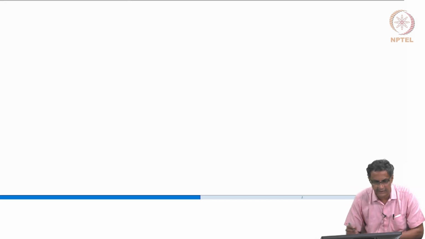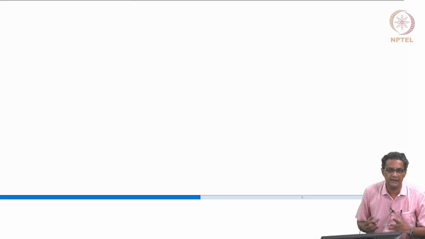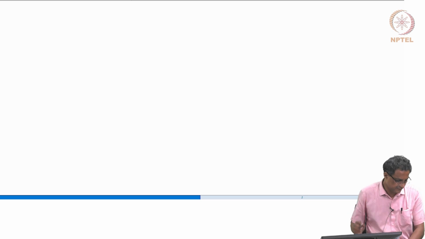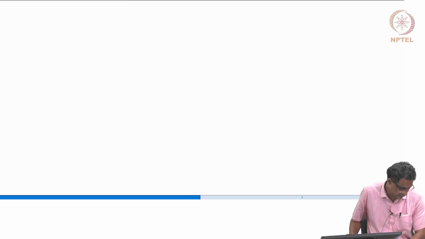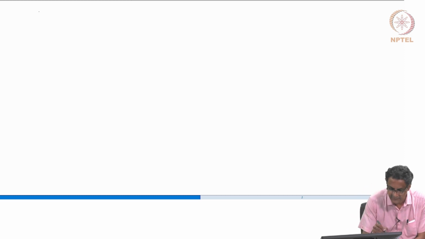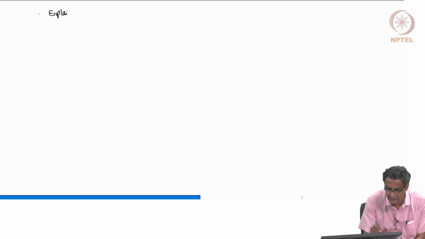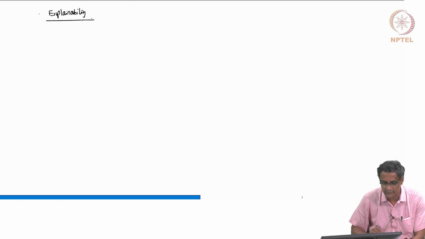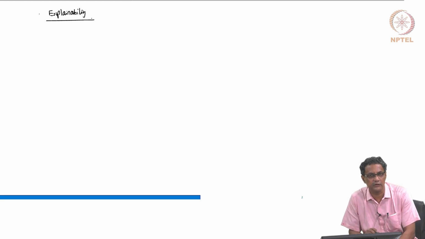So it's like taking simple things which you can easily identify, and then going for more complex features. And then the other thing is explainability, because that is very important. If you just do something and you're not able to explain why it works, it's not good.